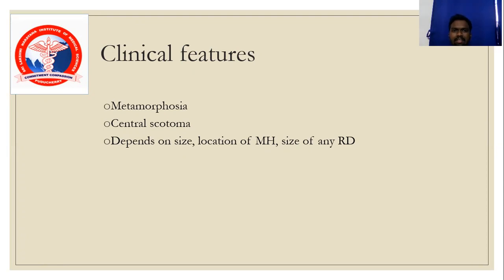So the symptoms of metamorphopsia or a central scotoma can vary based on the size or location of the macular hole, or in the presence or even absence of a retinal detachment.